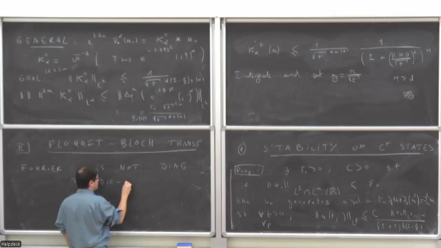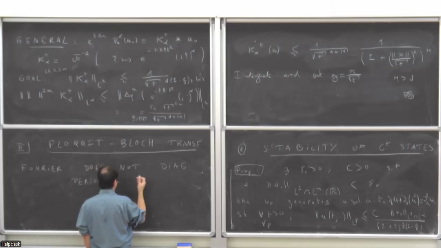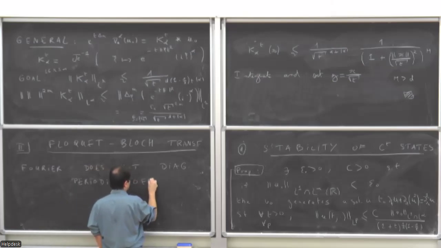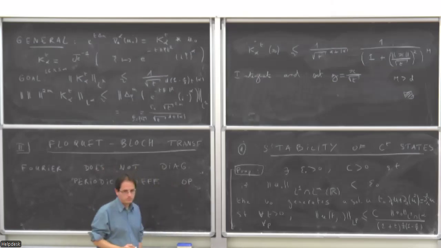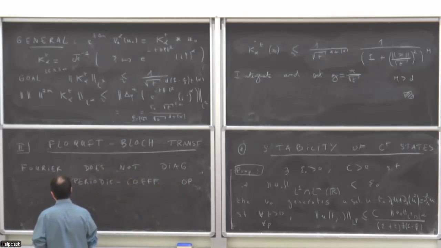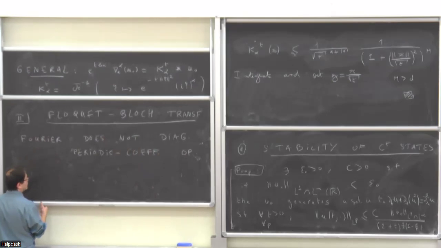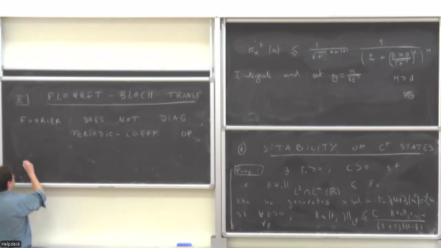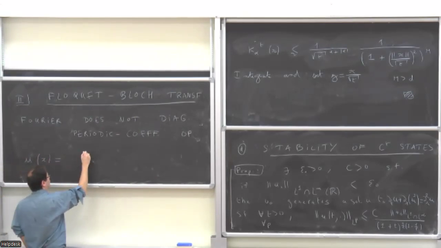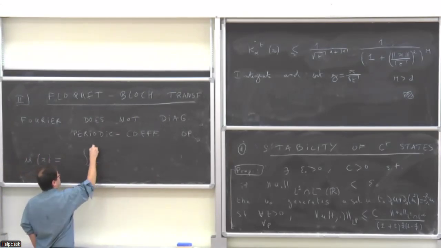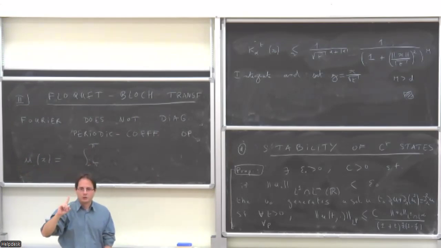When I linearize about something that is periodic, I will get something with periodic coefficients. So I need something to replace Fourier. I'll do 1D and period 1.